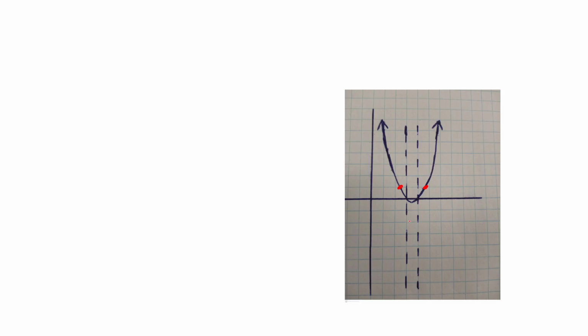What we can do is actually say to ourselves, the curve y equals x squared minus 7x plus 12 has a minimum at the point 7 halves comma negative 1/4.